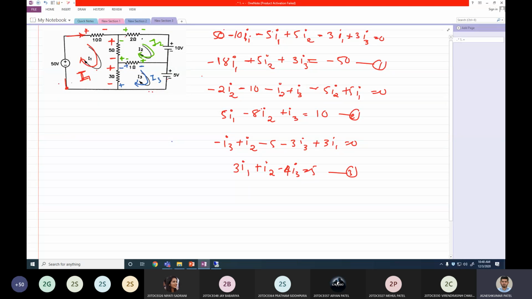Now from 1 to 3, if I try to write down the RI equals V matrix, here my R would be minus 18, 5 and 3; then 5, minus 8, and 1.